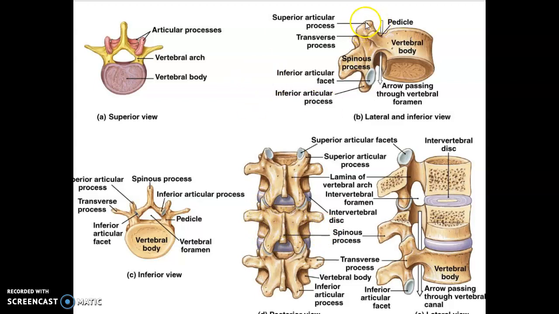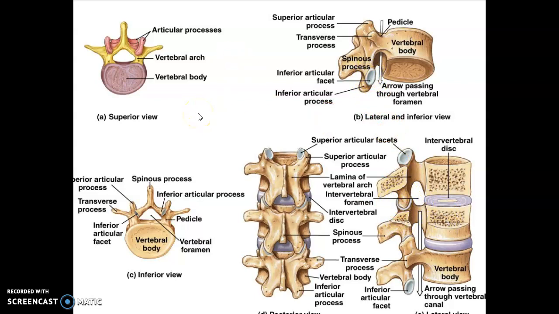So again, the superior articulating process of any vertebra is going to be the upper portion, and the inferior articular process is going to be the bottom portion, but they are both going to articulate with the vertebra either above it, where the superior articular process would articulate, or the vertebra below it, where the inferior articular process would articulate.